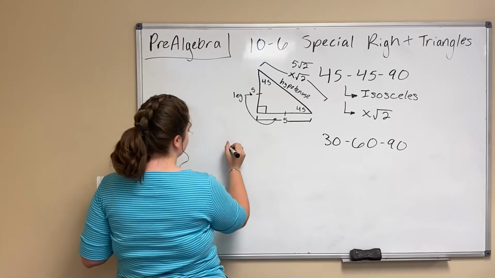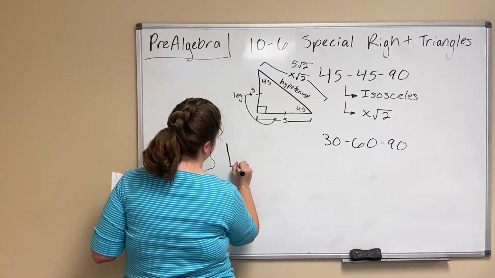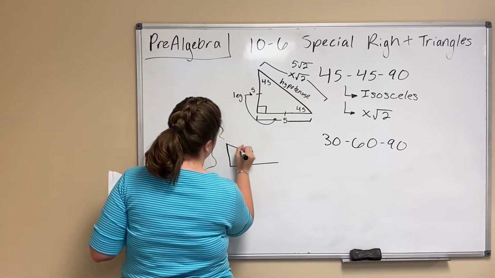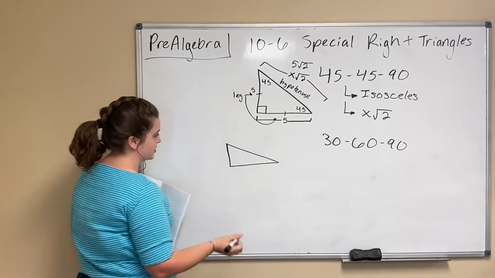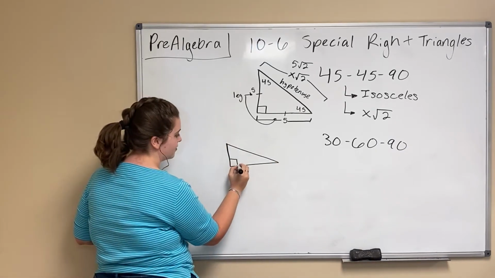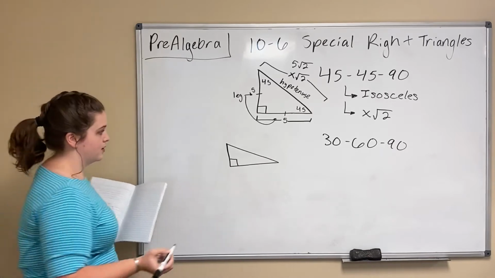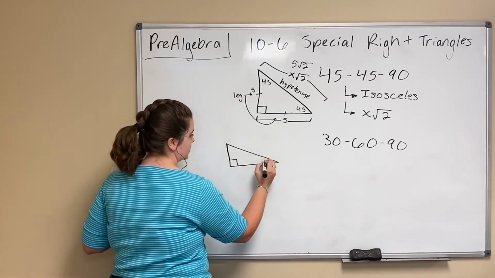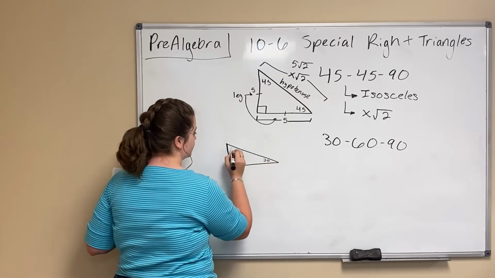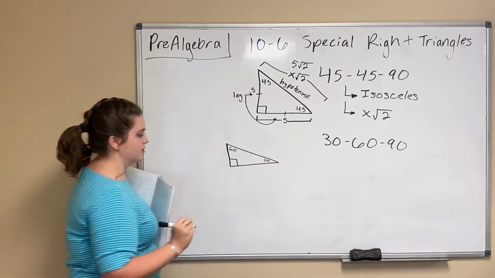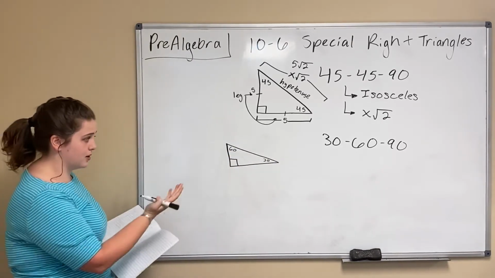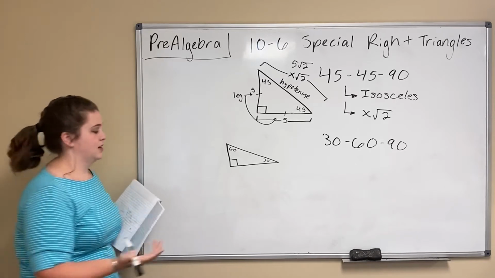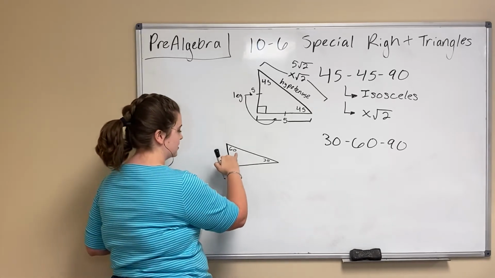A 30, 60, 90 triangle is going to look more like this. It will still have a 90 degree angle, but this time it's going to have a 30 degree angle and a 60 degree angle. And that's why it's called a 30, 60, 90, because we have 30 degrees, 60 degrees, 90 degrees.